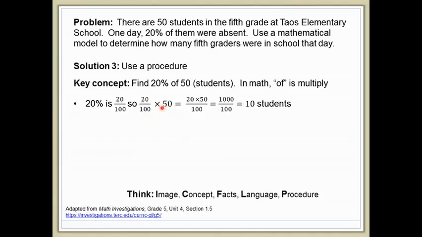There's an implicit 1 in the denominator here, and we multiply numerators and denominators to get 20 times 50 in the numerator, 100 times 1, this implicit 1 that's invisible here, to get the denominator of 100. And that leaves us with 1,000 over 100, and then various ways of reducing fractions or dividing. We can end up with our answer, 10 students. This isn't the answer to the problem. It's important to know that, but it's the result we need.